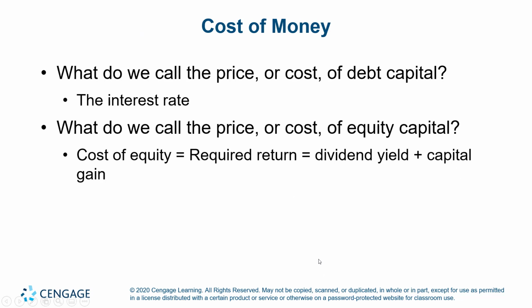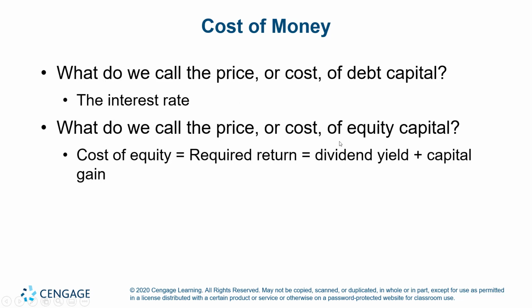And what the corporation wants, like I told you, is a low cost of capital. The lower the cost of capital and the lower the risk, the more that enables the company to maximize the price of the share, or maximize the intrinsic value. So the price of debt capital is an interest rate.